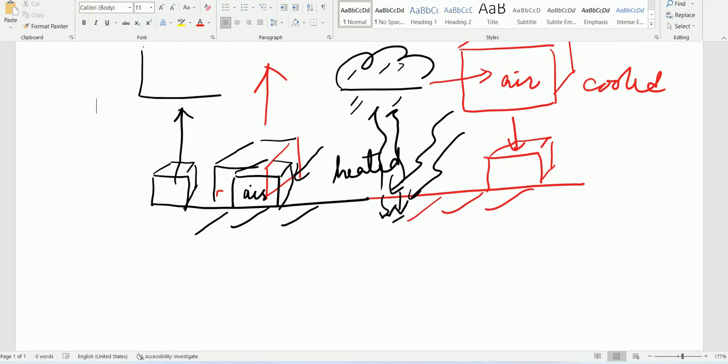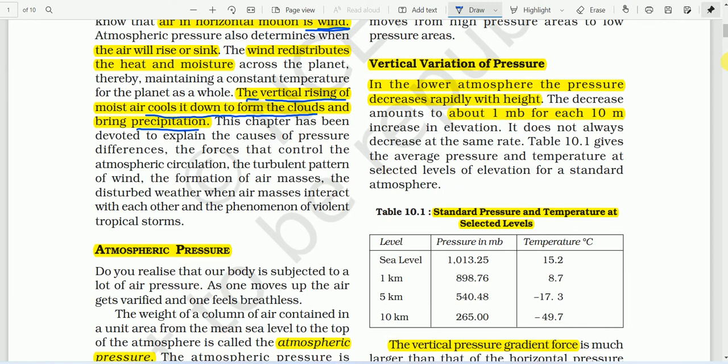Because of this expansion, the air itself will cool down. We call it adiabatic cooling. Because of this adiabatic cooling, there will be cloud formation and rainfall. We shall discuss adiabatic heating and cooling in detail later on. So this is just an introductory part.